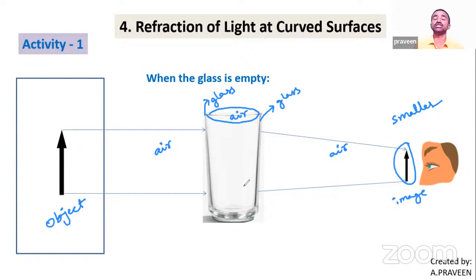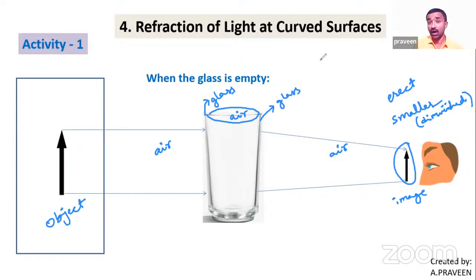So you are viewing a diminished image, and the facing direction is the same as your object, called erect. For smaller, we can use one particular word, diminished. So a diminished image is viewed by you. An erect and diminished image is observed in the first case. I think it is clear to you.